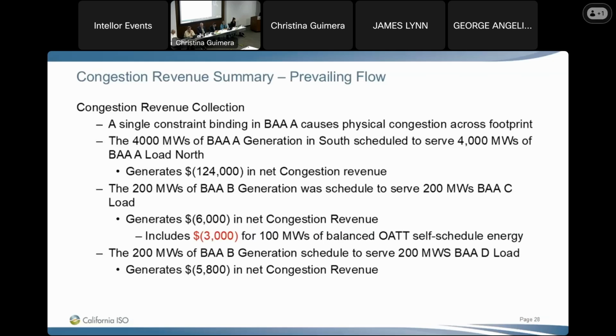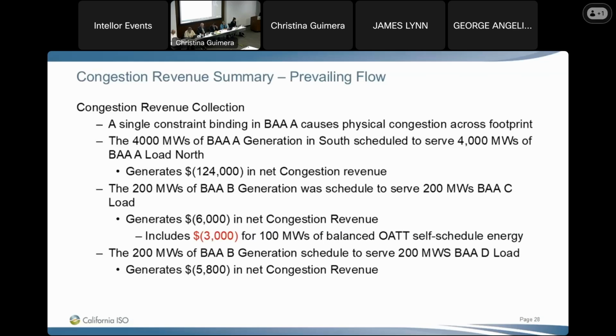Of that, there's also a 100 megawatt OAT transaction that is being self-scheduled from the generator to serve that load. That means there's a CRN defined for the generator to the transfer point, and then from the transfer point to the load. This flow of energy from the generator to the load generates $3,000 of congestion revenue.